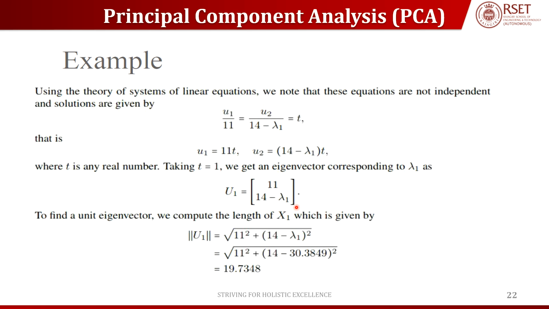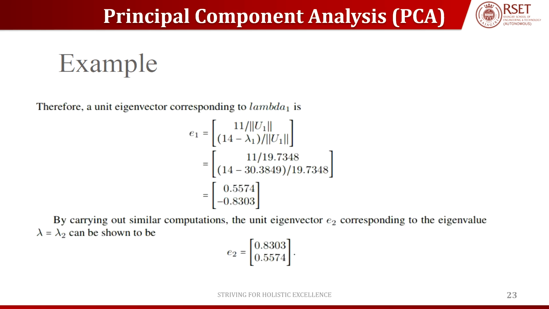And then to use this component for transformation, we have to normalize it according to our algorithm. So we first compute the length of the norm. This is the equation for that, and the norm is 19.73. This is the eigenvector. And finally the unit eigenvector is obtained by dividing the components of u1 by its own norm. In that we got e1 as 0.5574 and minus 0.8303, and e2 as 0.8303 and 0.5574.